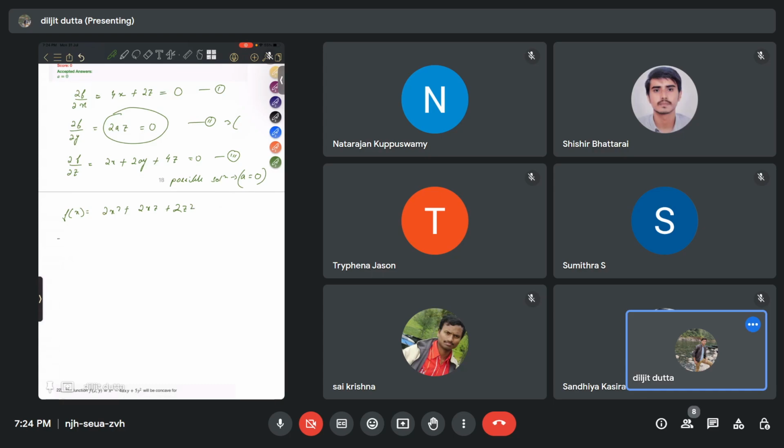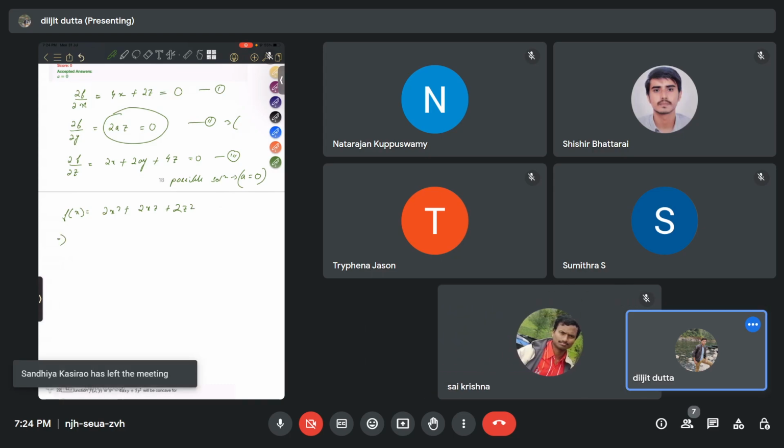So in this case, if we take del square f by del x square, what will it be? It will be 4, and the other two terms will be 0.